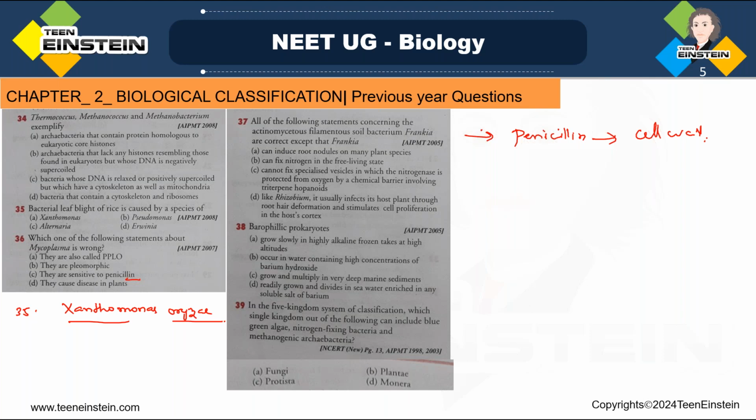Mycoplasma lack a cell wall, and they are inhibited by metabolic inhibitors like chloramphenicol and tetracycline. So penicillin won't work for mycoplasma, because penicillin acts on the cell wall and mycoplasma doesn't have one. That's the reason. So are they sensitive to penicillin? No, they are not sensitive to penicillin.